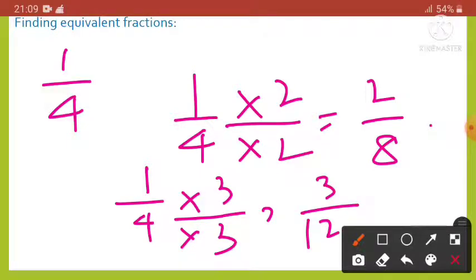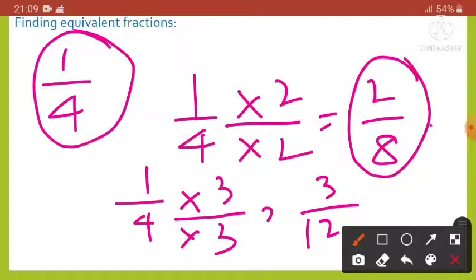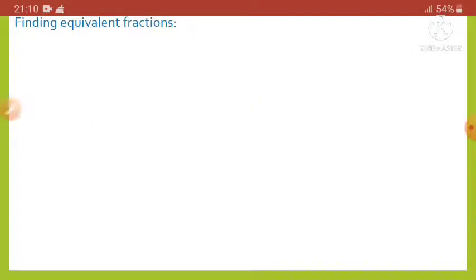Okay, so two equivalent fractions of 1 by 4 are 2 by 8 and 3 by 12. Got it? So we have to multiply with the same number in numerator and denominator, then we will have the equivalent fraction.